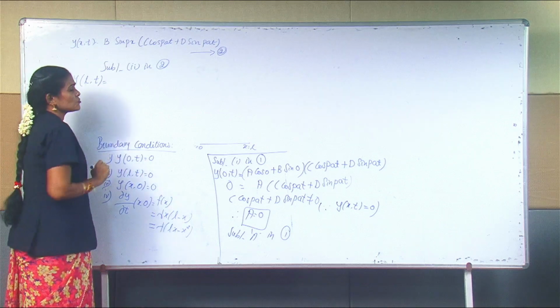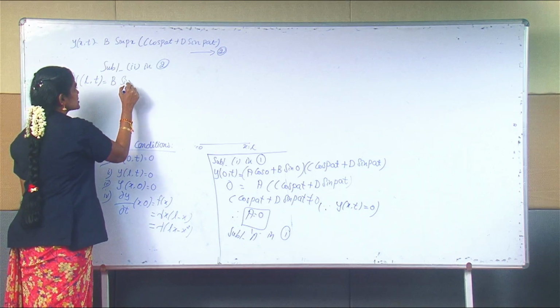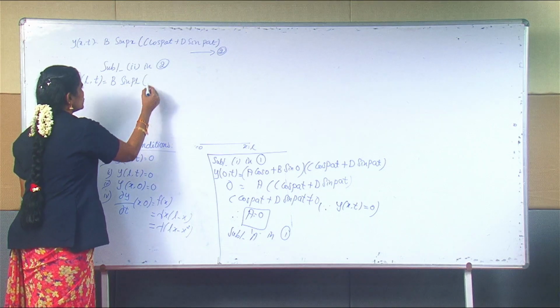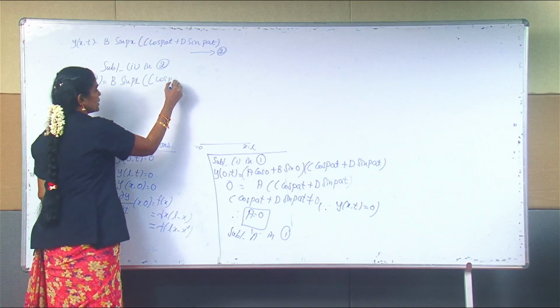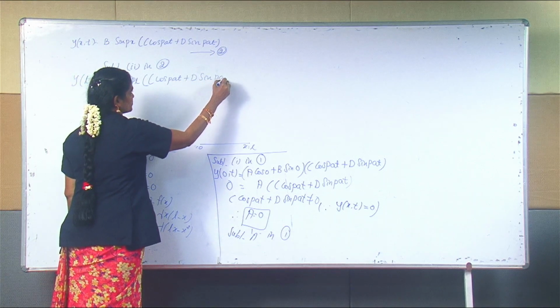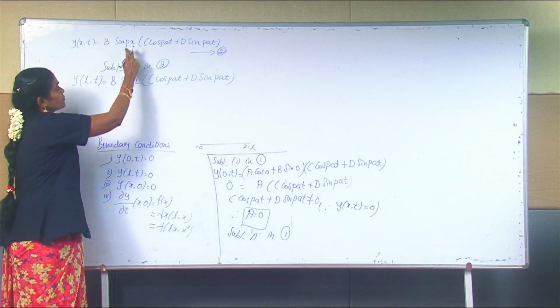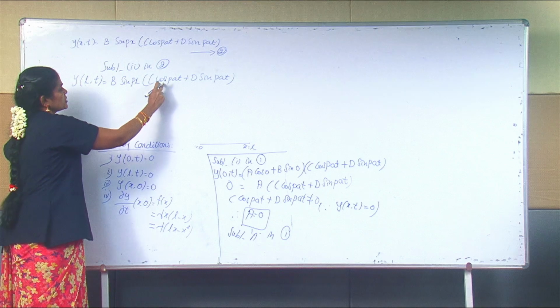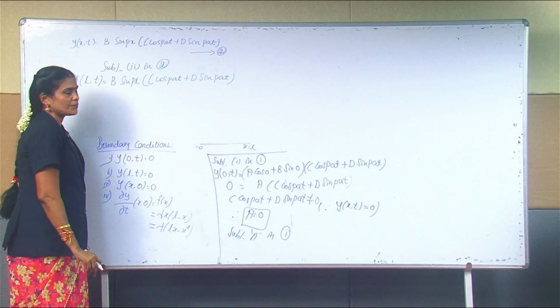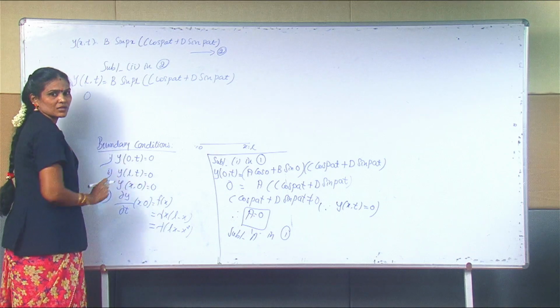The second boundary condition is y of L comma t. In the place of x substitute L. It becomes b sin pL into c cos pat plus d sin pat. By the boundary condition, y of L comma t value is 0.